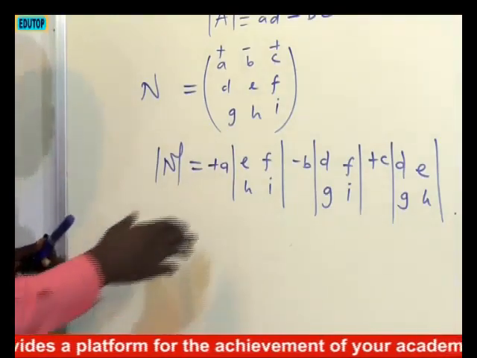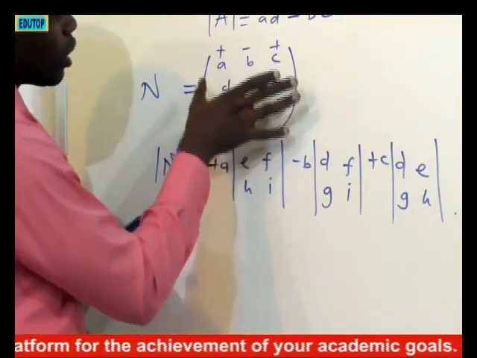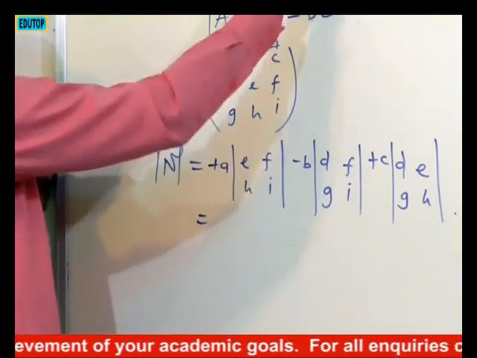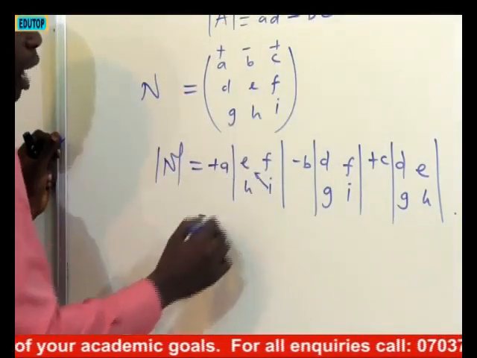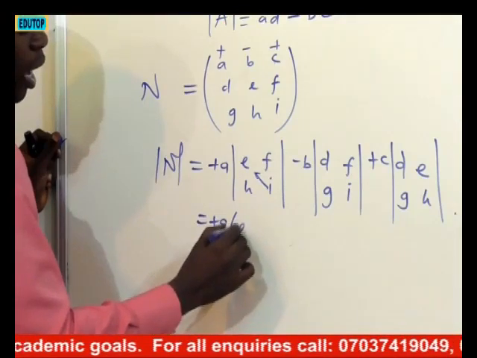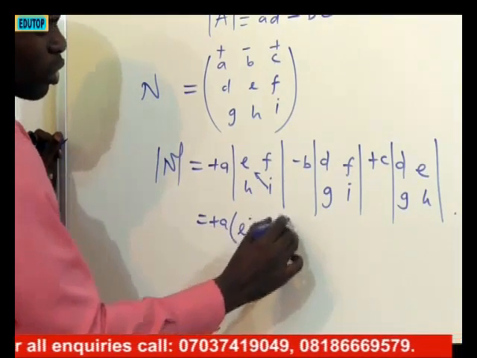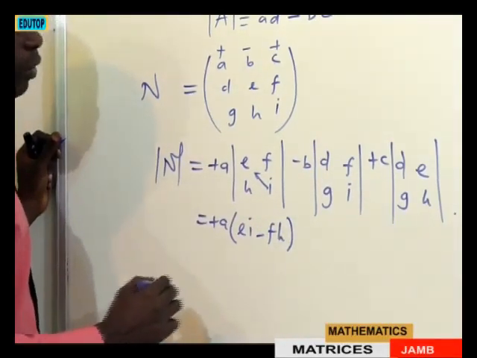So in that situation, we've succeeded in decomposing 3 by 3 to 2 by 2. Then now we can do it based on this. It's easy to multiply this. So we have plus A into EI minus FH. We have solved that.